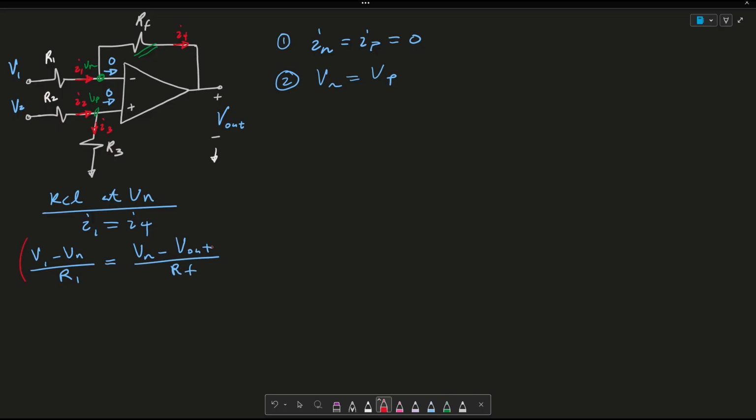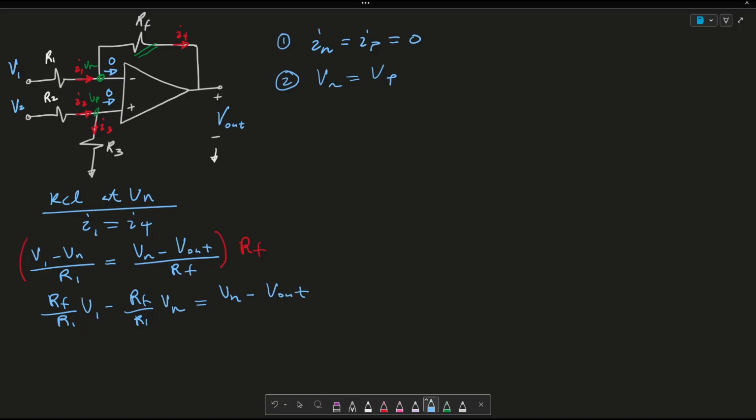If we go ahead and multiply both sides by RF, we're going to be left with RF over R1 V1 minus RF over R1 times Vn is equated to Vn minus Vout.